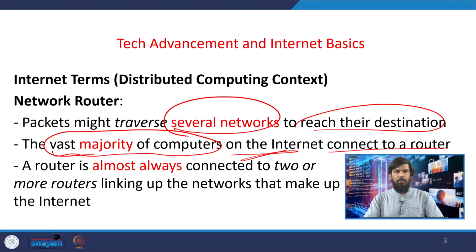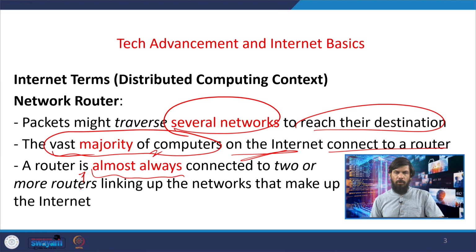Now, a router is almost always connected to two or more routers, linking up the networks, and that is how it makes up the internet, right. Theoretically, a router might only be connected to one or more routers also, but almost always in practice, just like I said, the vast majority of computers will be connected to a router, though there can be other technology to bypass that.